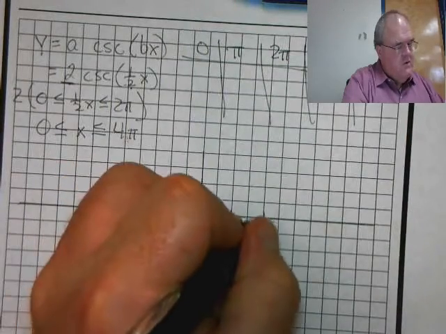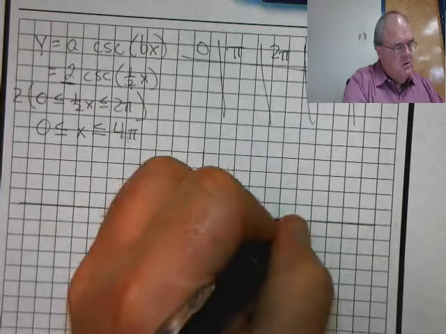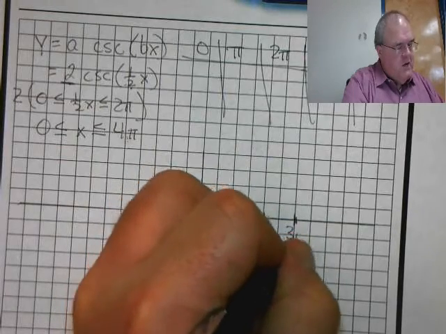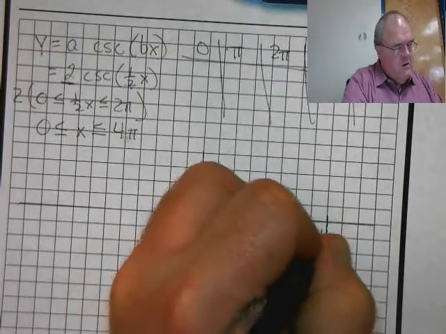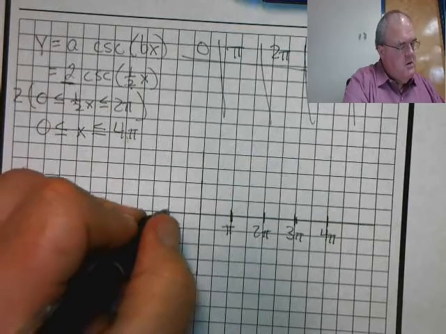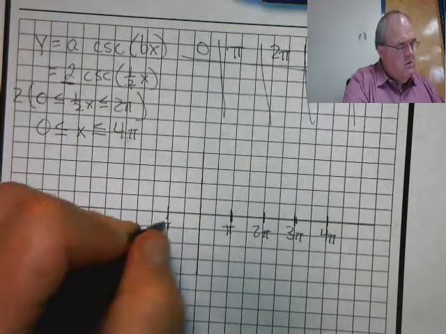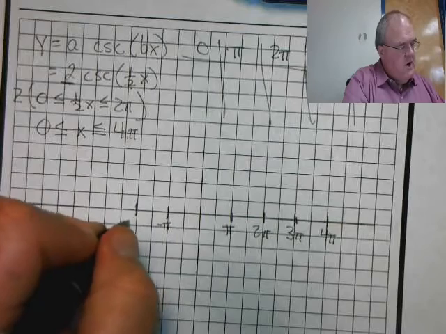So my important points I'm going to label pi, 2 pi, 3 pi, 4 pi. And I'm going to label on the negative side also.